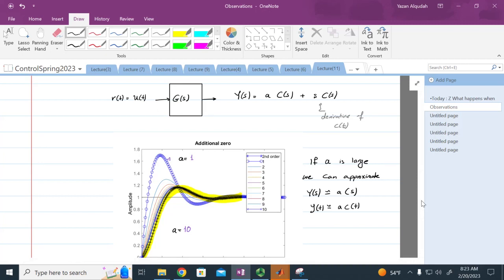Does that make sense? And you can see that also from here. What happens when A is very large? This term is going to dominate. And therefore, this term is going to become smaller. And therefore, we can approximate Y of s as A multiplied by C of s. Okay.